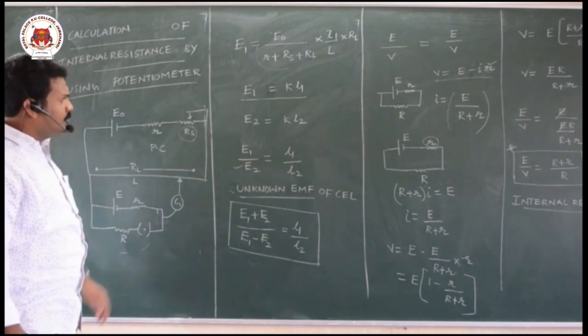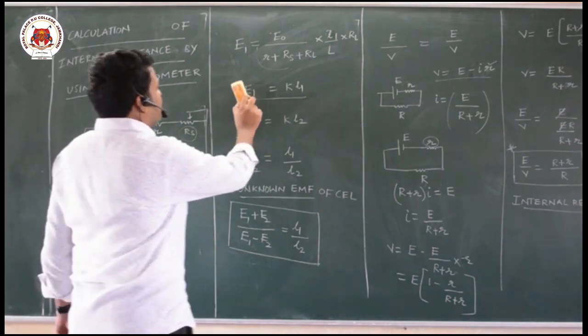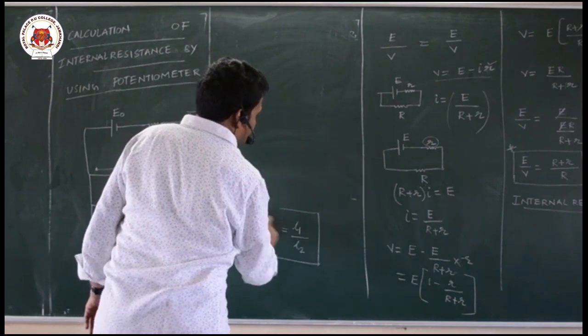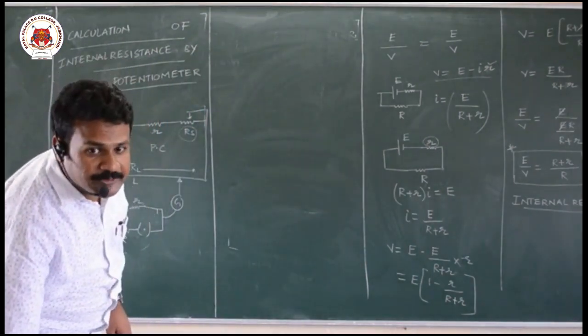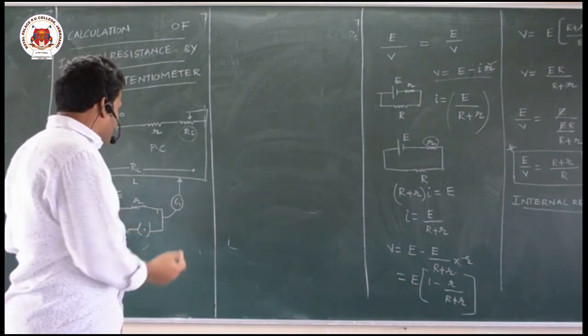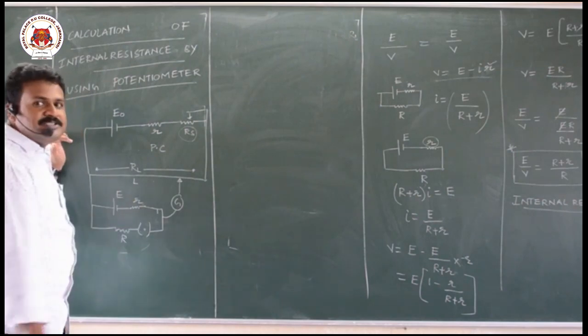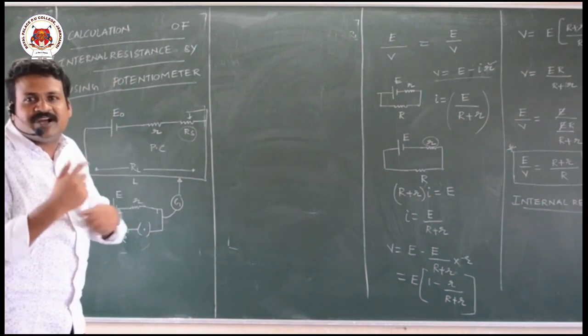Now what I will do, first time I will keep the switch open and I will rotate the jockey. So first time the switch is open, so no current is drawn from the battery. Once you connect a wire to the battery, then it starts discharging.